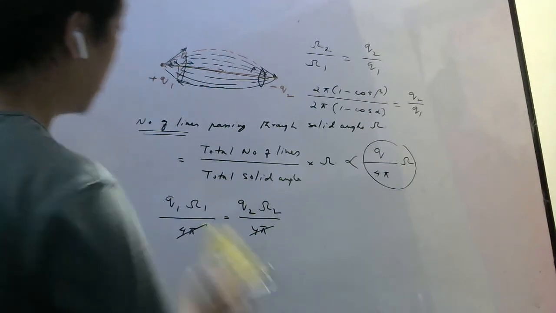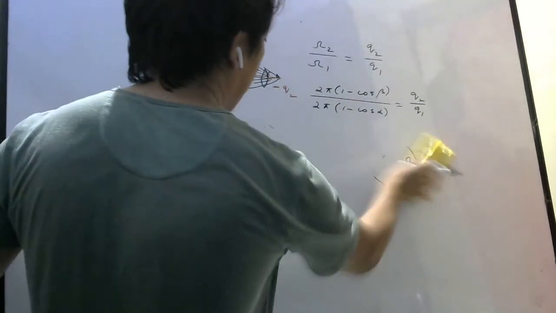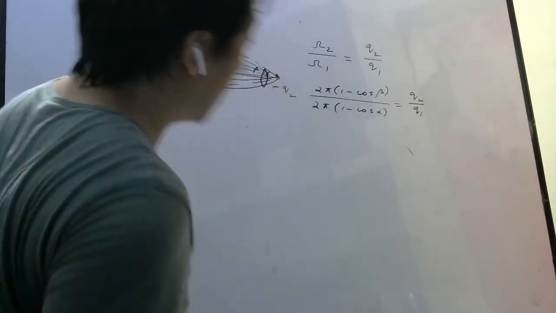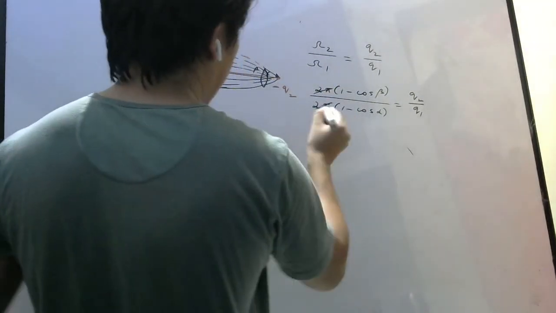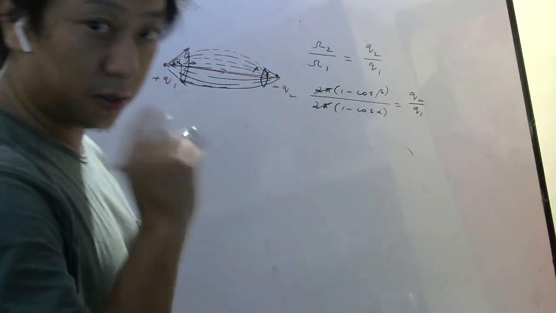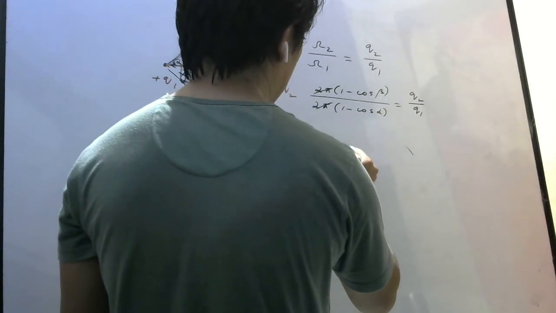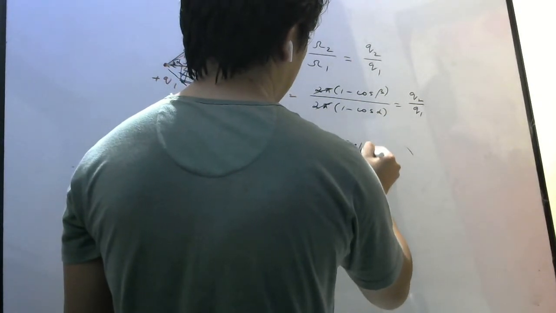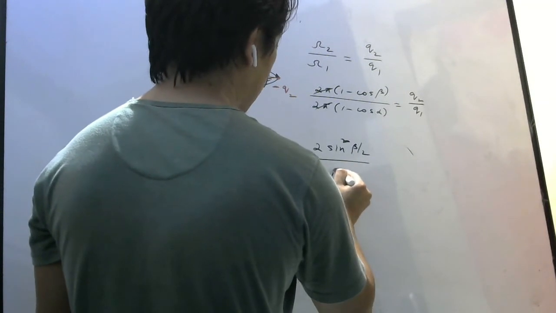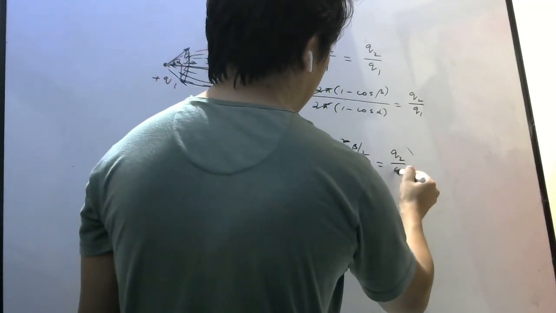Okay, so you can now cancel 2 pi, 2 pi, and you are left with 1 minus cos beta. 1 minus cos theta is 2 sine square theta by 2. So I can write this as 2 sine square beta by 2, and this one I can write as 2 sine square alpha by 2 equals Q2 by Q1.